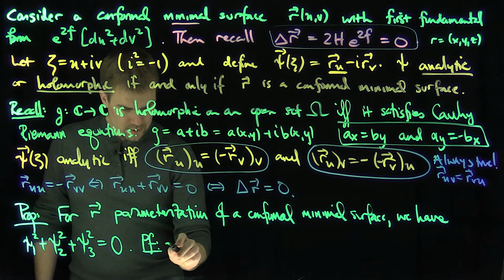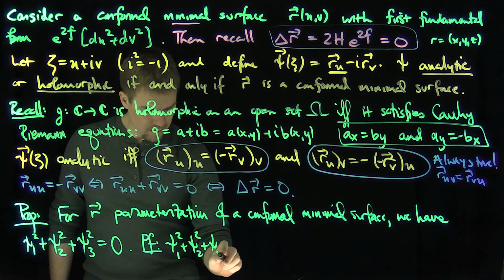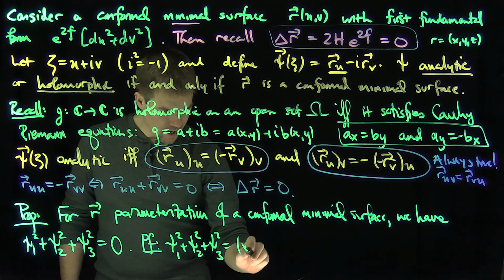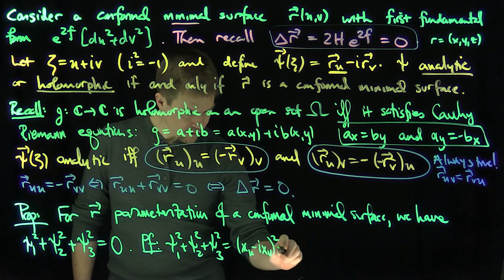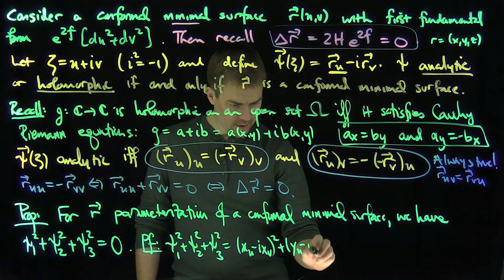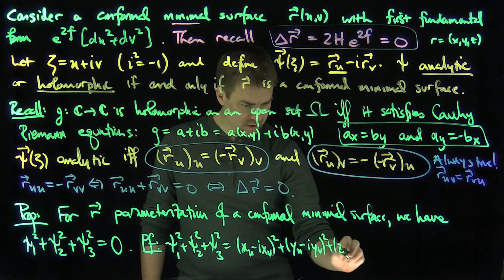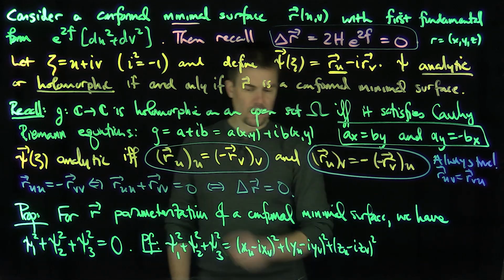So psi 1 squared plus psi 2 squared plus psi 3 squared is going to be x_u minus i x_v squared plus y_u minus i y_v squared plus z_u minus i z_v squared, like so.